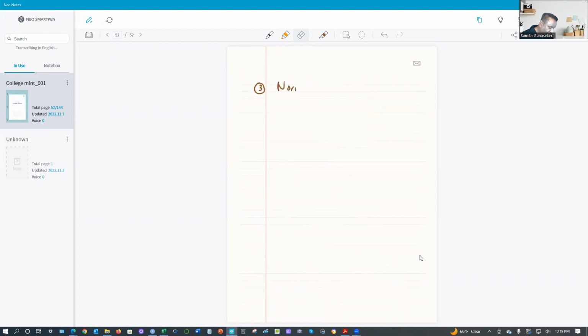Normally distributed sampling distribution. With the aid of that sampling distribution, we're going to build up the confidence interval. Normal distribution, you know that.